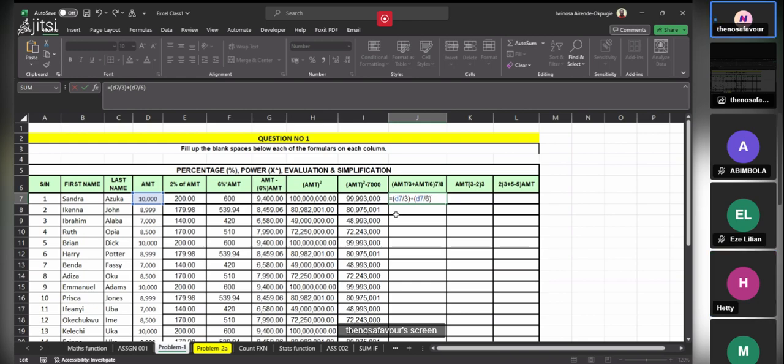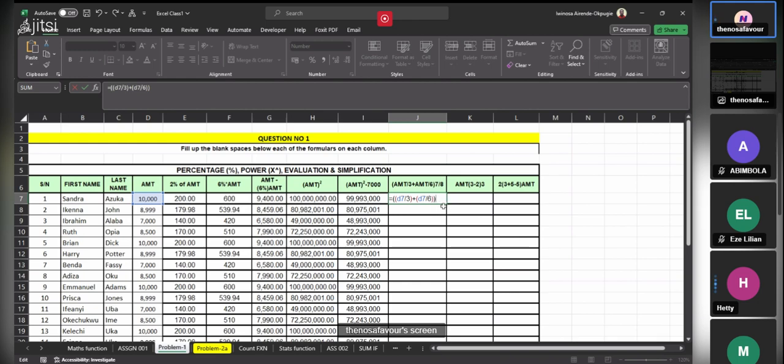Sorry, I didn't get that. After equal to, put one open bracket. Close it now after 6.